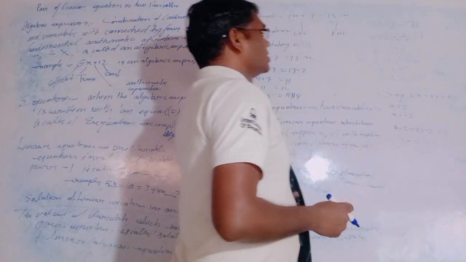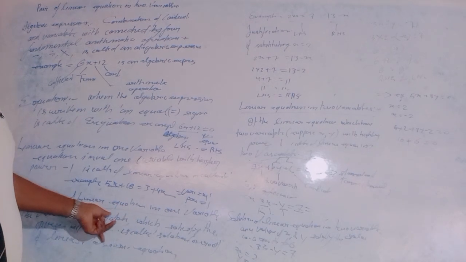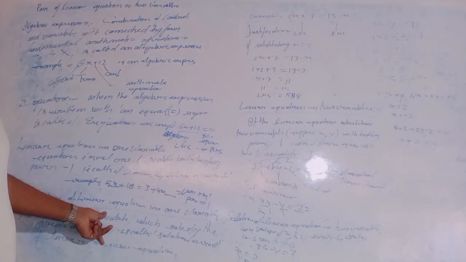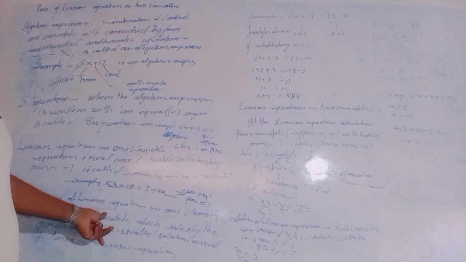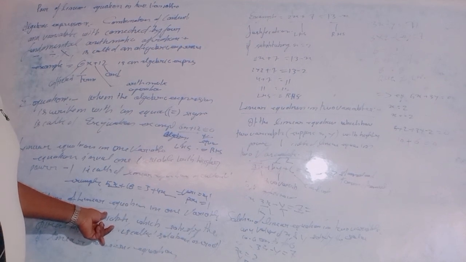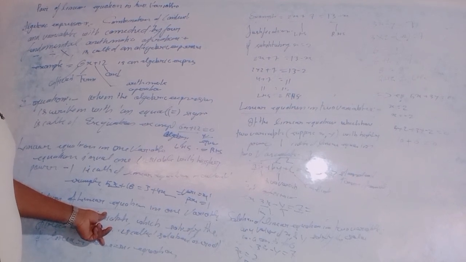Got it? So here is the equation 5x plus 3y. It should always be a satisfaction; the solutions of the equation will always be like this. So RHS and LHS are always equal: 5 times 2 is 10, and 3 times minus 2 is minus 6, and 10 minus 6 is 4.